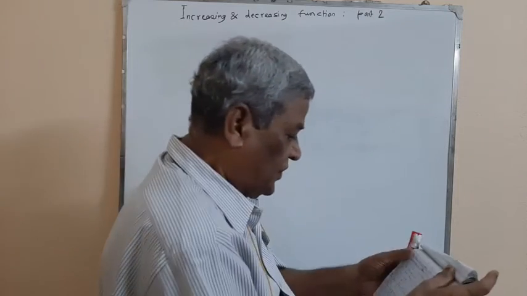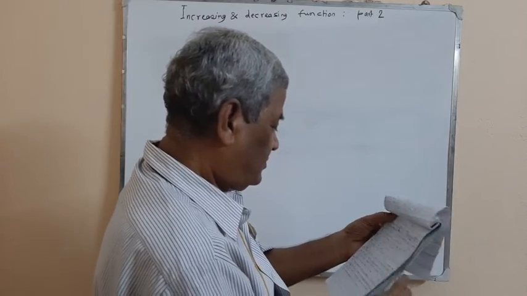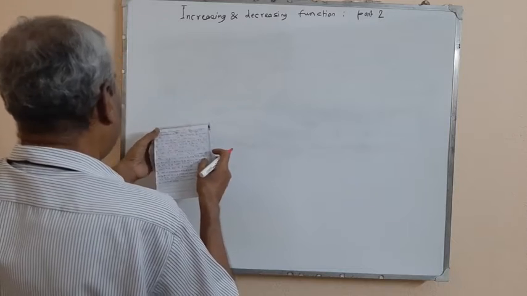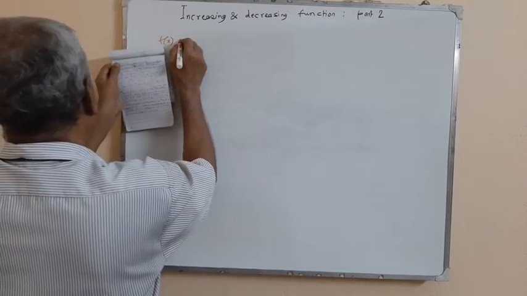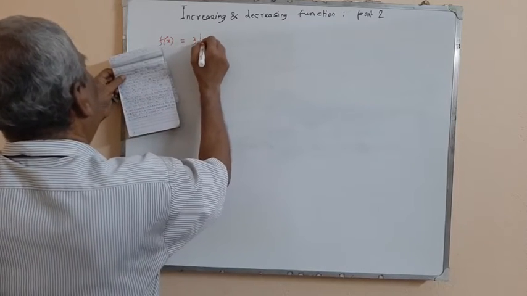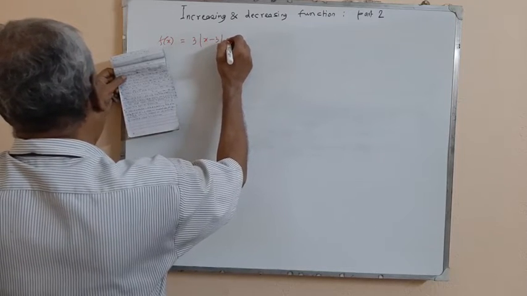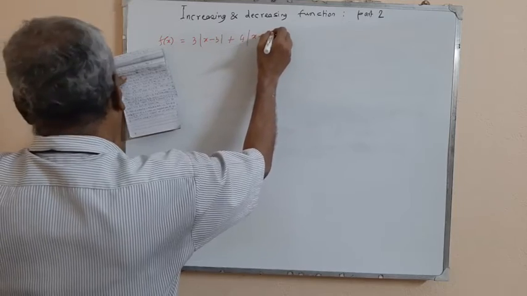Now, the next problem is f(x) is equal to 3 into mod of x minus 3 plus 4 into mod of x minus 4.